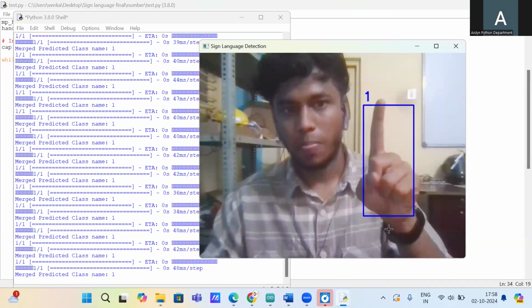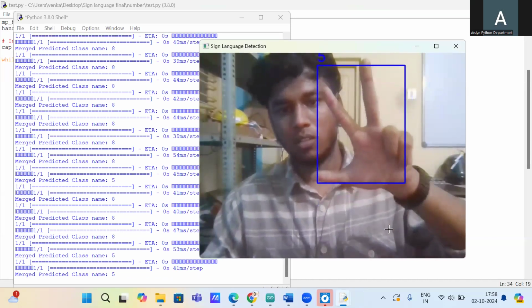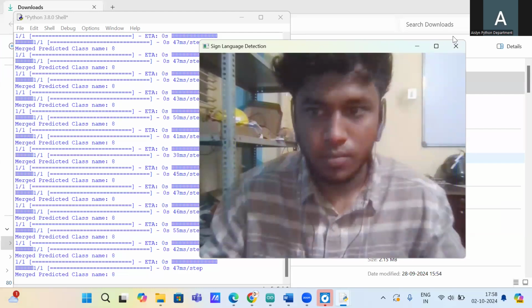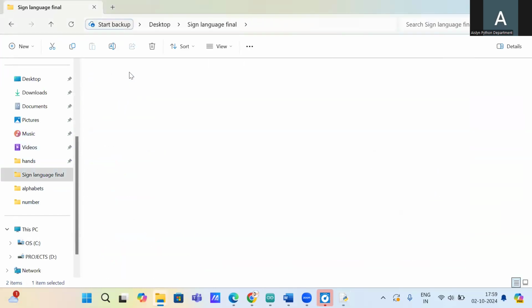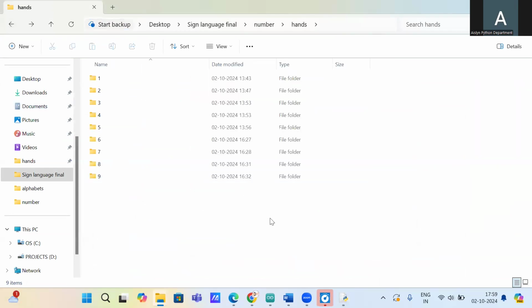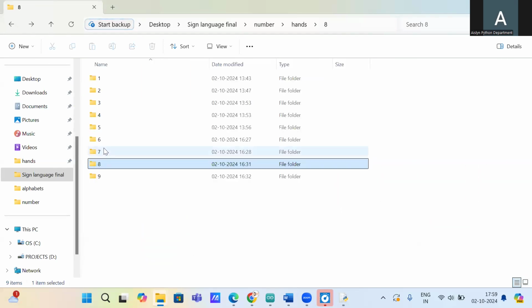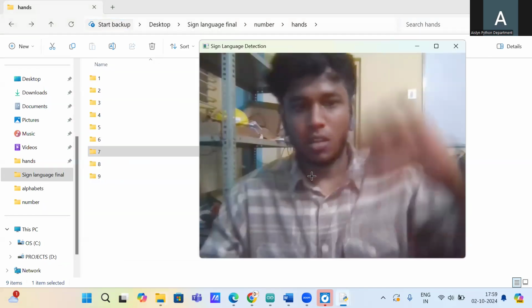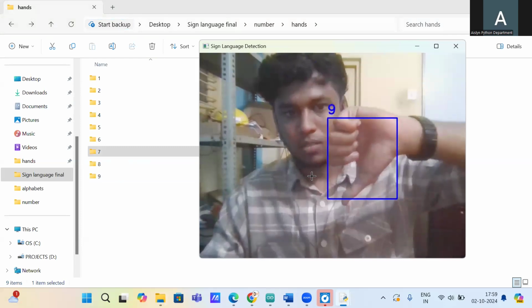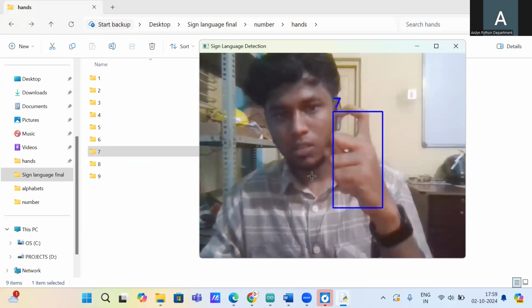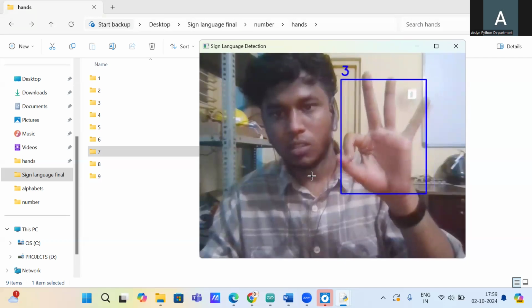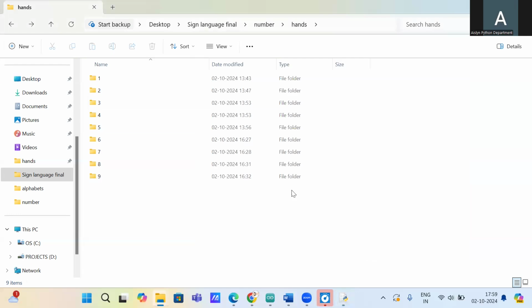This one will look at the numbers: 9, 8, 7, 6, 5, 4, down to zero. Now it should be for letters.